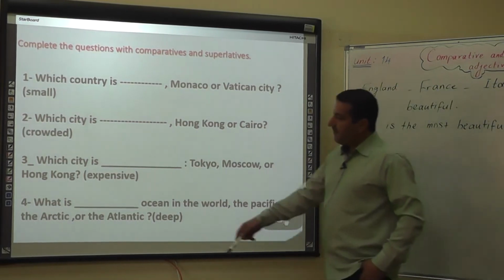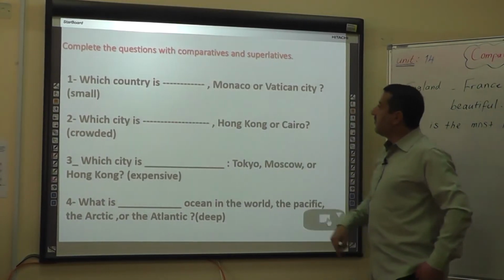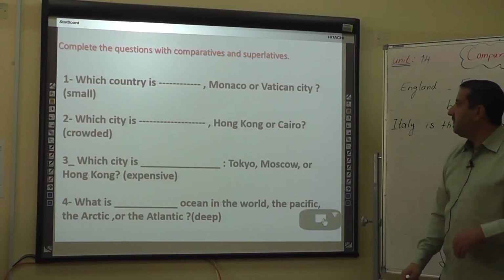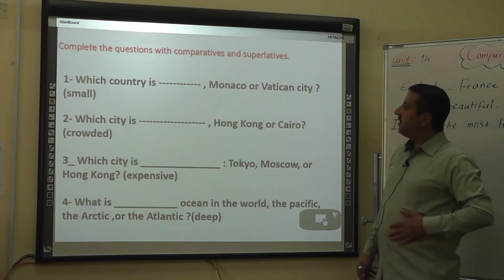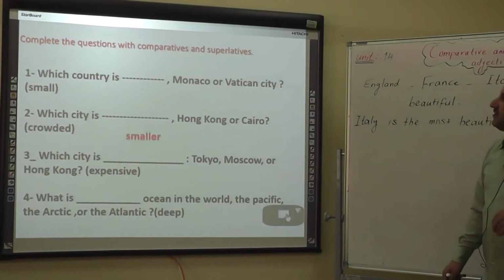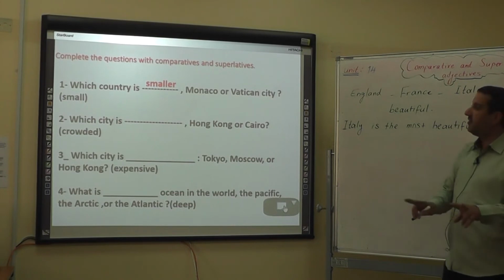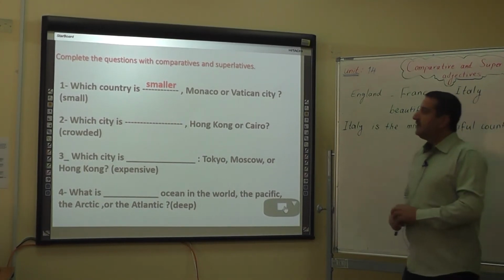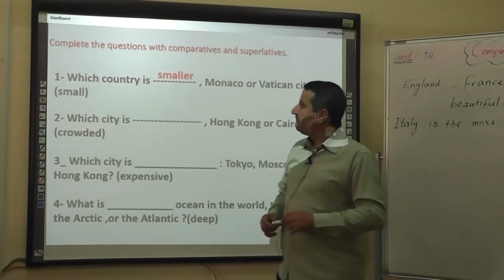We have the adjective small, okay? We need to make a comparison between Monaco and the Vatican. So we say which country is, yes, smaller, because we have two things. We are comparing two countries together, okay? And the adjective small has one syllable.